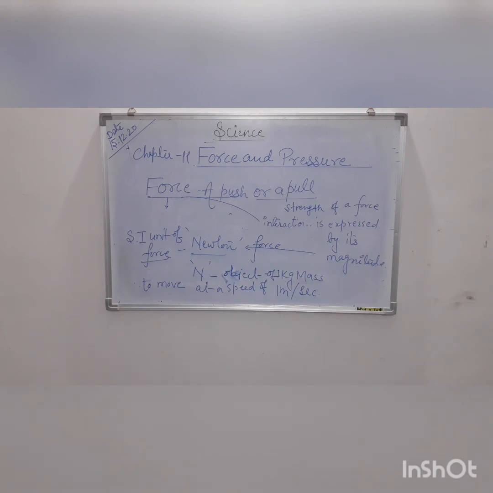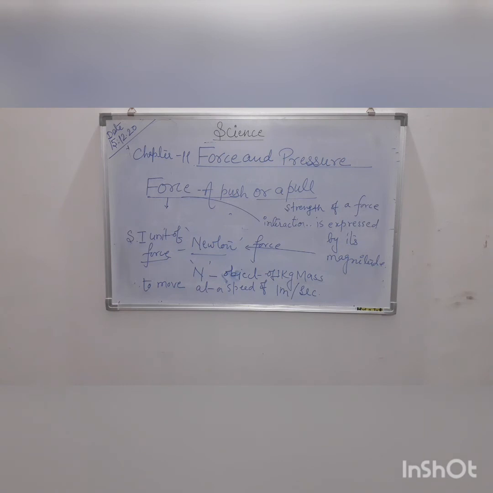If the two forces applied to an object act in the same direction, then the resulting force acting on the object is equal to the sum of the two forces. You can see in your book, two men pushing a heavy box in the same direction and making it move easily.